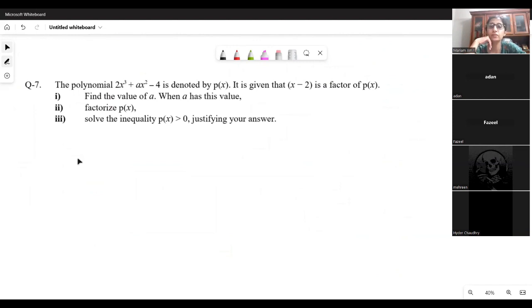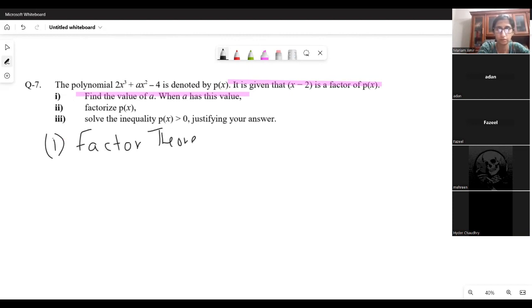It is given that x minus 2 is a factor of p(x). Find the value of a. Can you do this? What do you think needs to be done? We can use the factor theorem. Yes, we will use the factor theorem. How will we use the factor theorem?